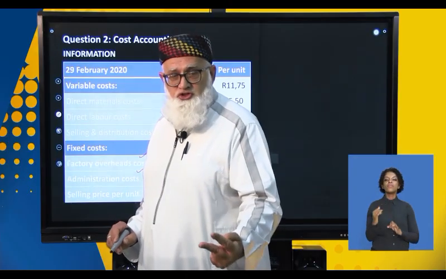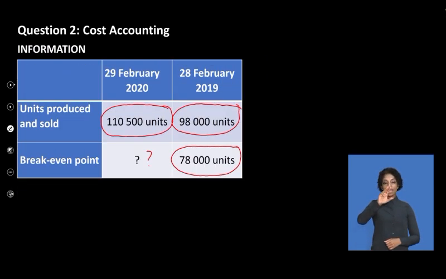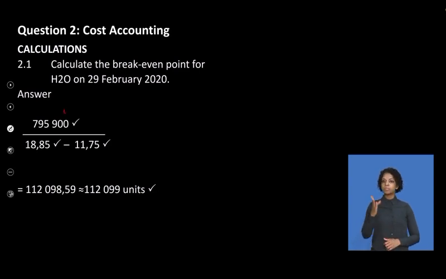Those are your fixed costs. But because it's given to you and it already appears as a total, there's no need for you to add those two figures. It's given to you already. So immediately you just take that figure, 795,900, over your contribution per unit.